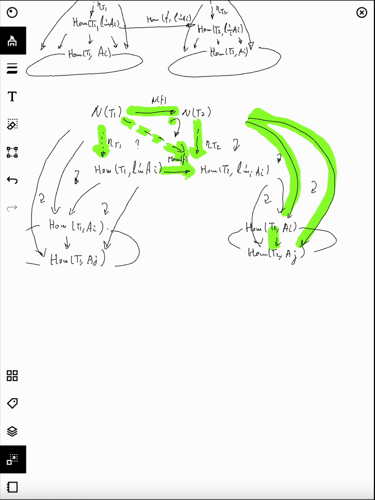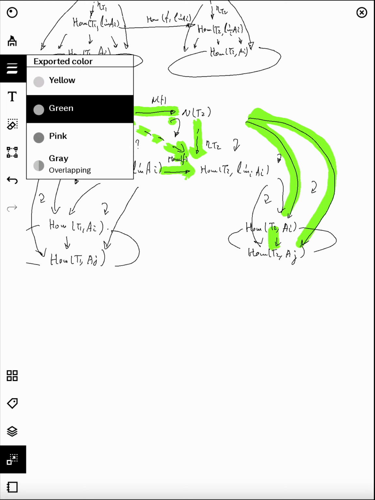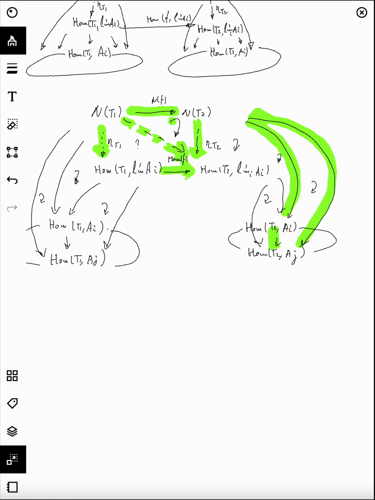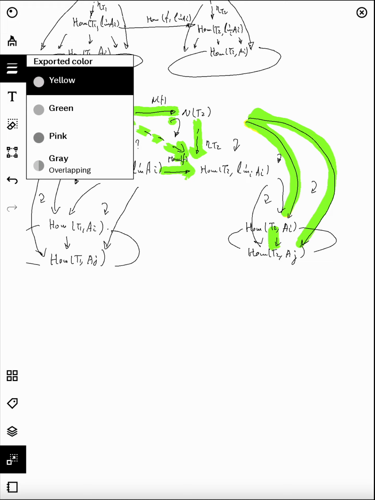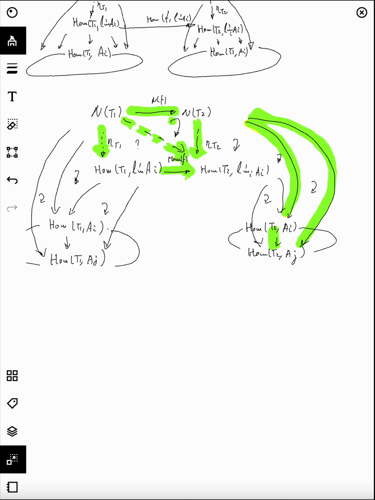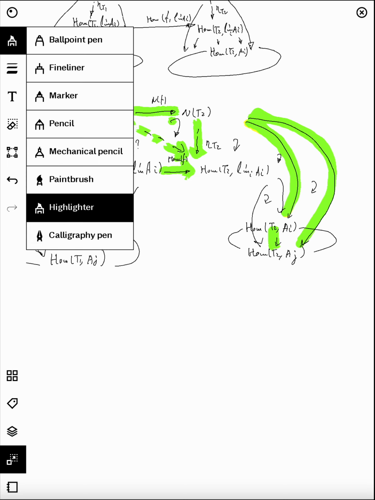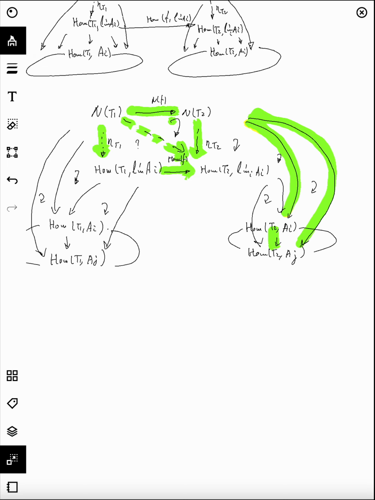So let me change the color. So now let's check to make the diagram commutative. Sorry, did I change the color? Pink. Or overlap it. So you're still looking at this, this, this, this.